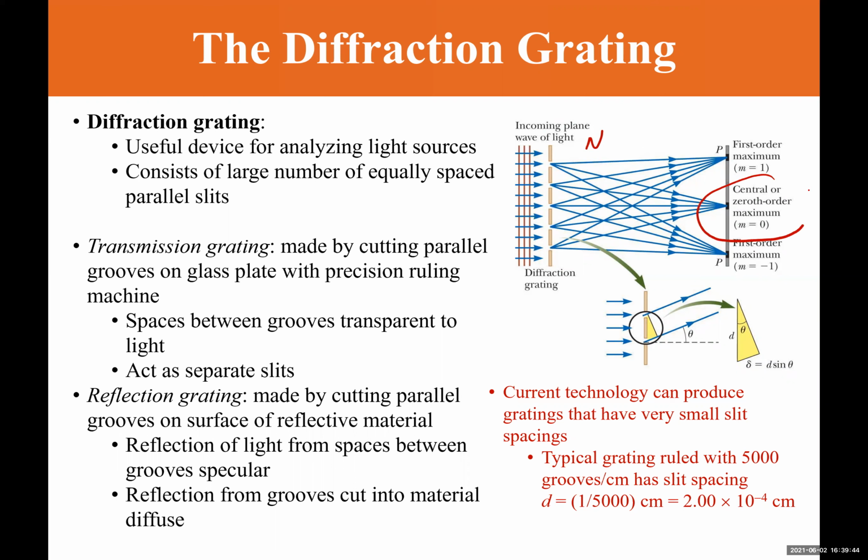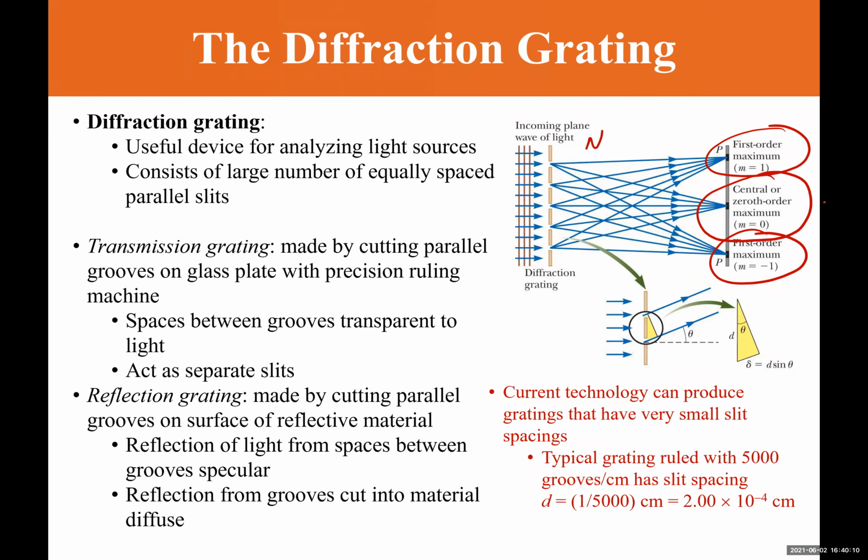There's a central or zeroth order maximum, m equals 0, then a first order maximum, and then the first order maximum on the other side. These are the maxima, constructive interference: m equals 0, m equals 1, m equals minus 1, then m equals plus 2, minus 2, and so on and so forth.